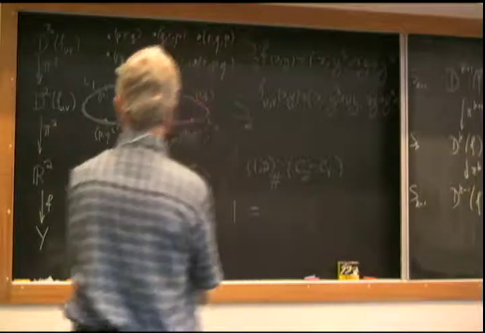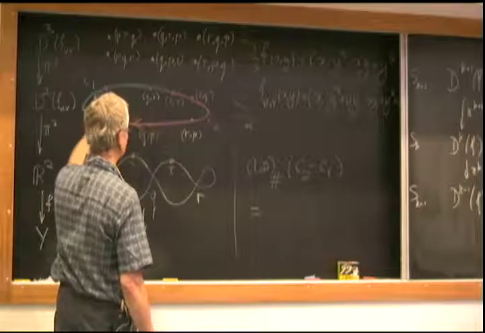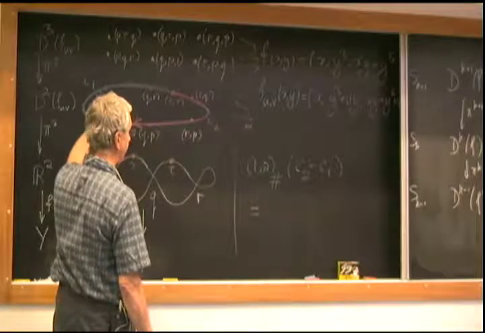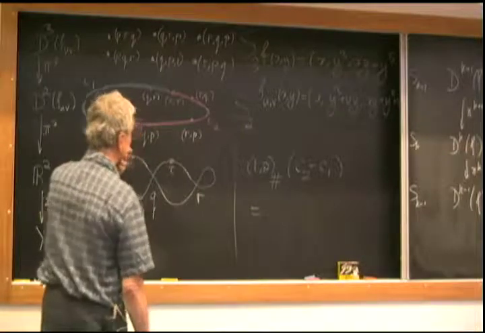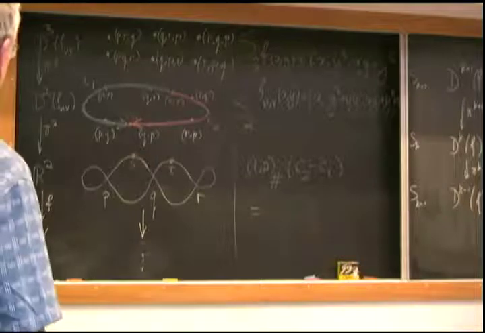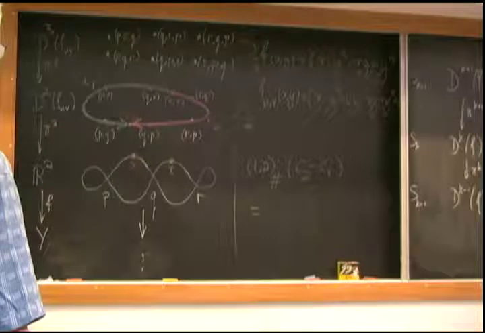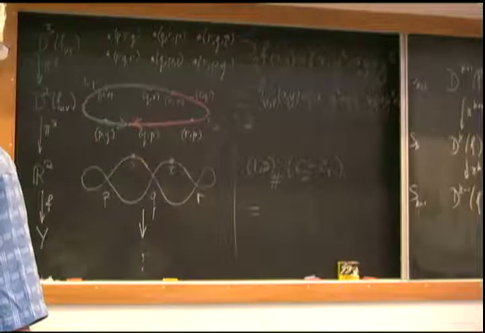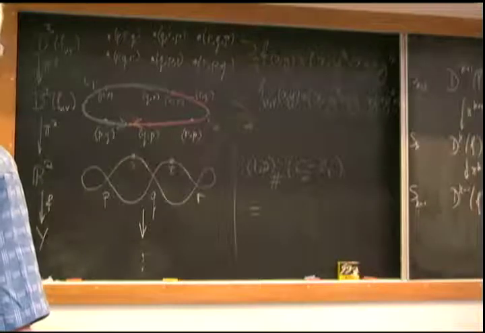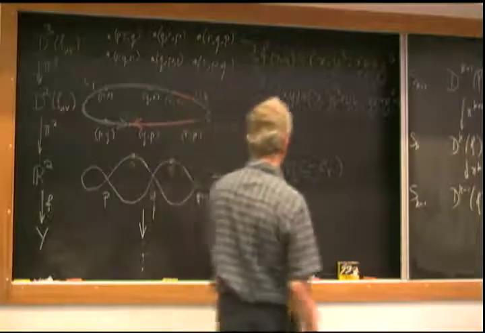So C2 is mapped to C1. So I'm trying to get something usable out of this.